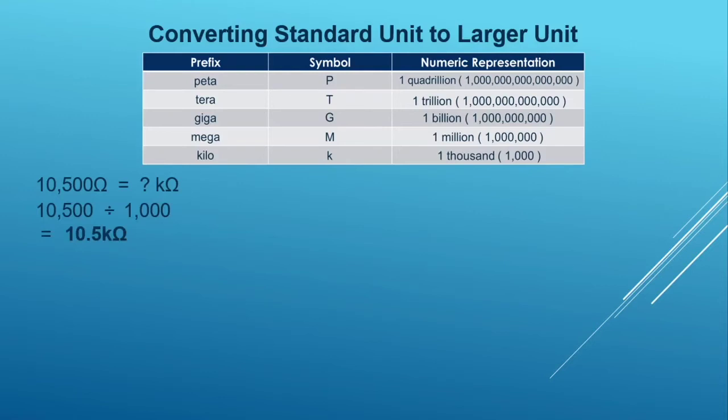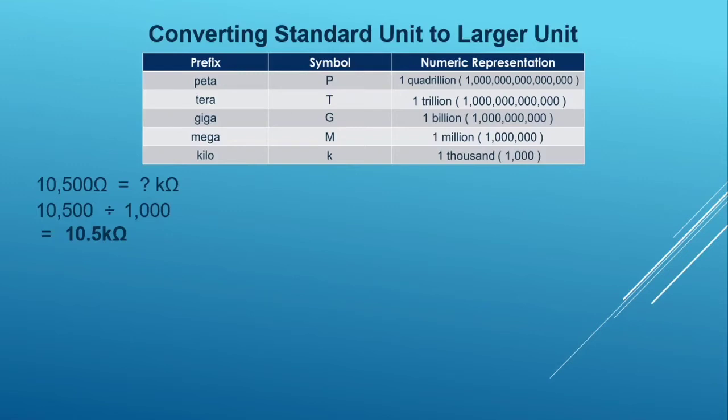Once you convert the standard unit to a larger unit, you're going to use the symbol of that prefix. So now 10,500 ohms is equal to 10.5 kilo ohms.